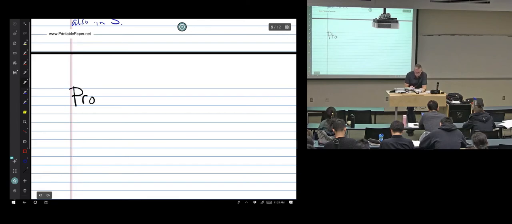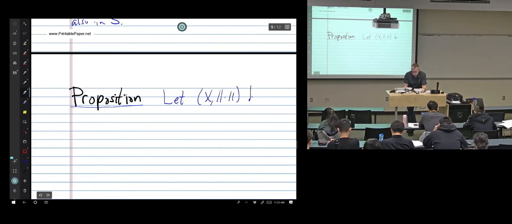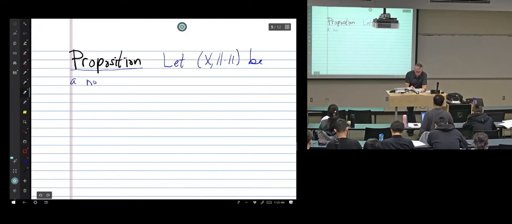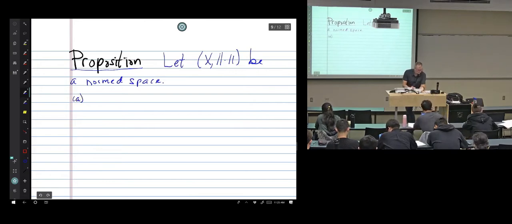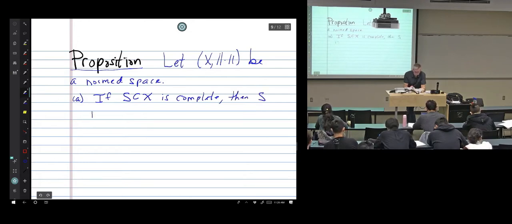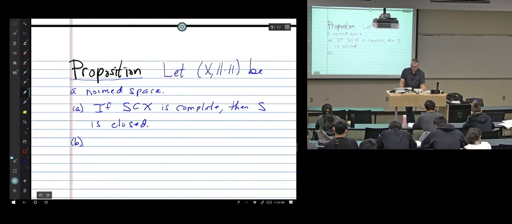Proposition. Let X be a normed space. If S contained in X is complete, then S is closed.